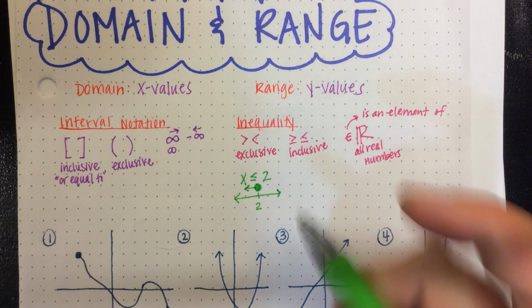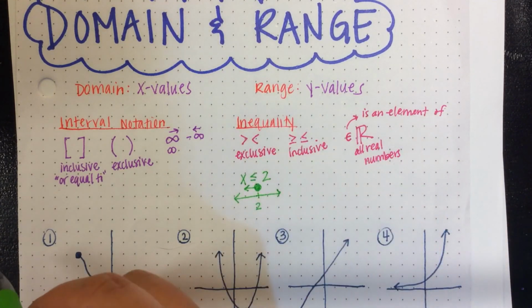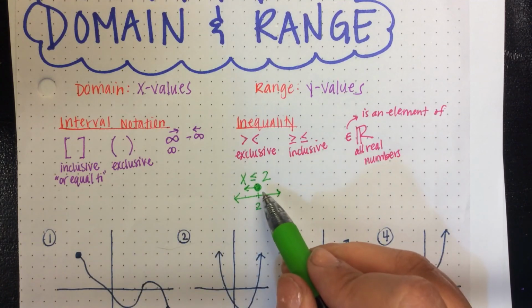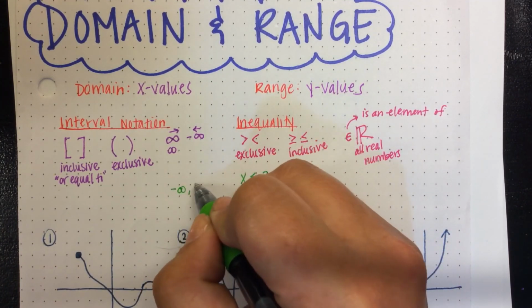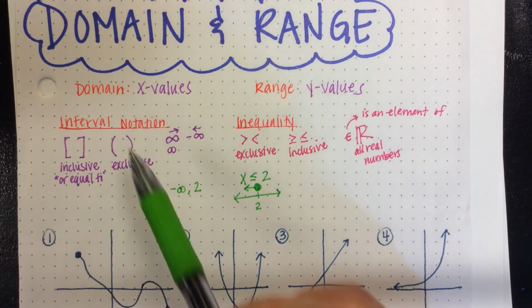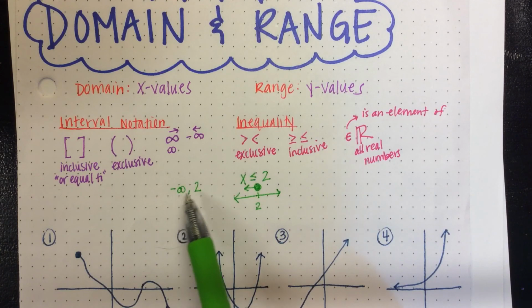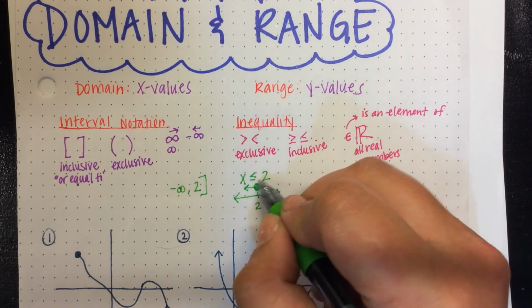So if I want all the x's that are less than or equal to 2, that means I want everything going to negative infinity up until 2. The way I would write that in interval notation is negative infinity, comma, 2. For interval notation, I put my starting value and my ending value. Now the 2 is going to have a bracket because it's or equal to.